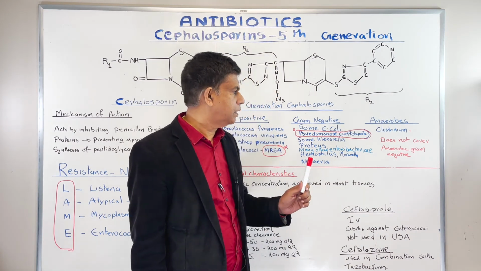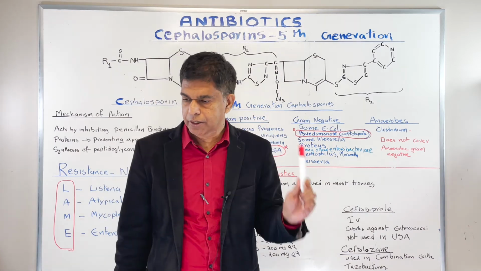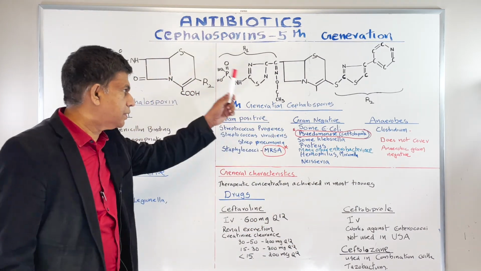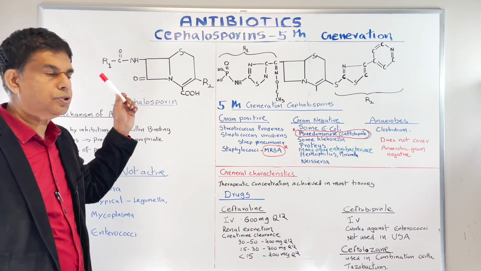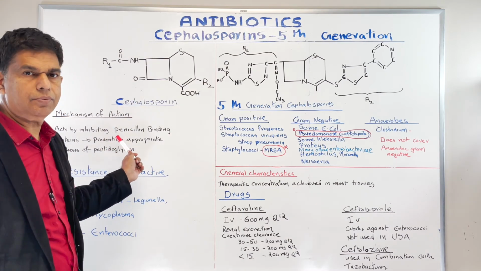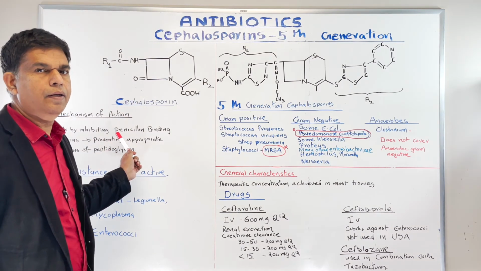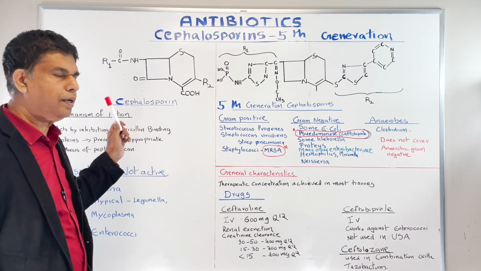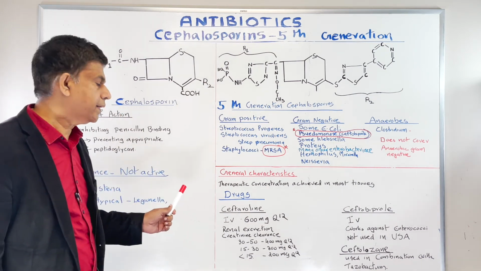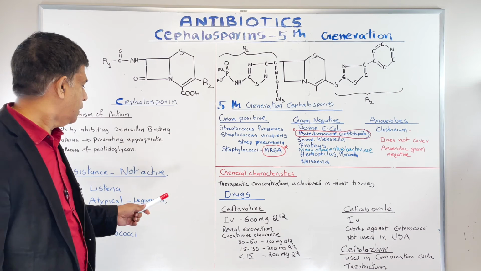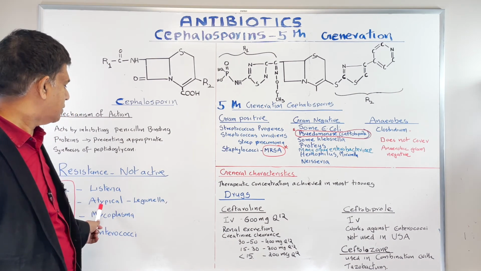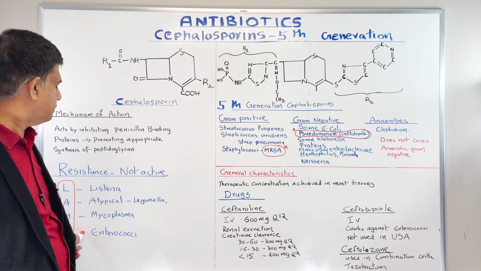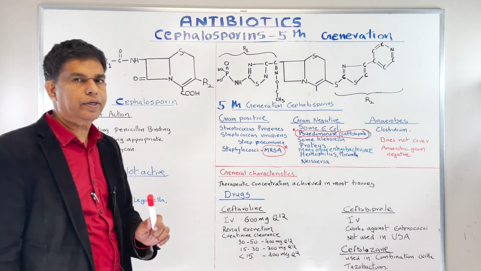So remember, let's look at the major points again. We need to know the structure of the cephalosporin. We know it works with the penicillin binding protein, so it cannot produce the peptidoglycan in the cell wall. Remember the mnemonic: lame, listeria, atypical, mycoplasma, except this enterococci. Don't forget it.